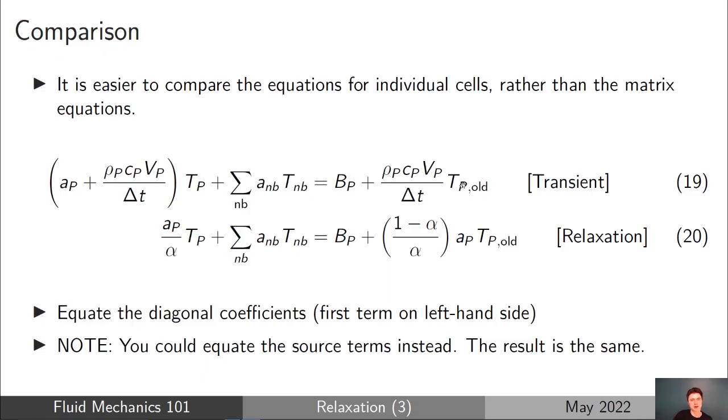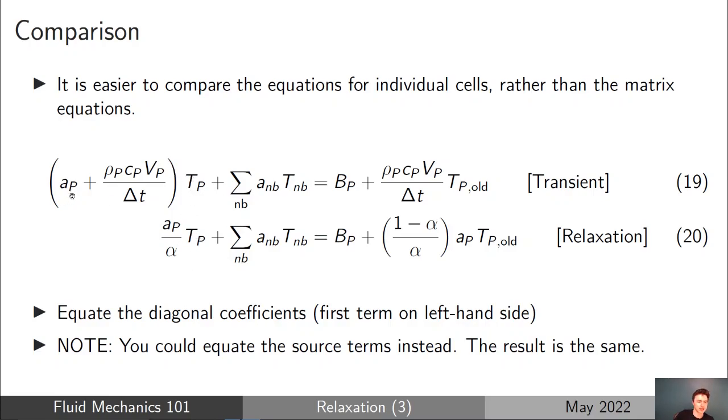And if I just compare the equations side by side, on the top I've got this pseudo-transient equation that we derived in this talk, and then in equation 20 I've got the implicit relaxation formula from the previous talk. And what I'm going to do is equate the coefficients in front of TP.